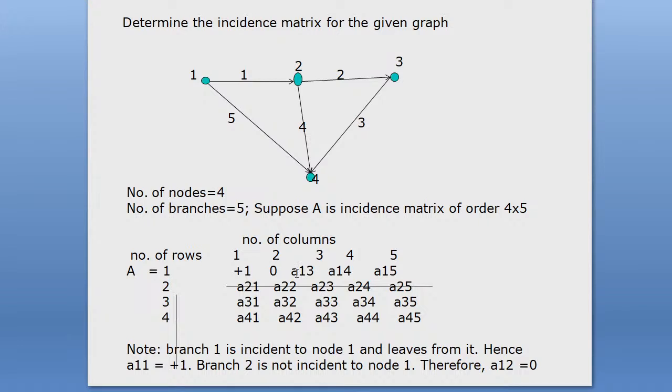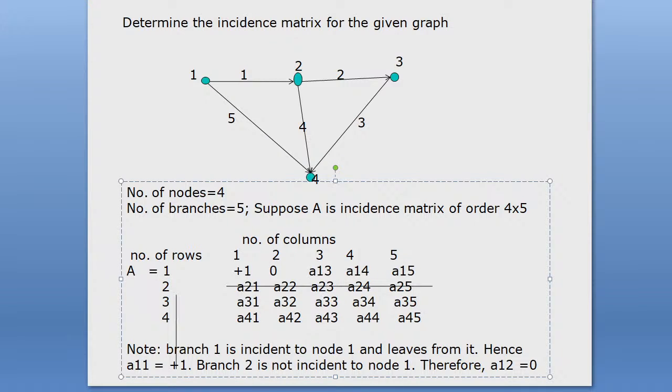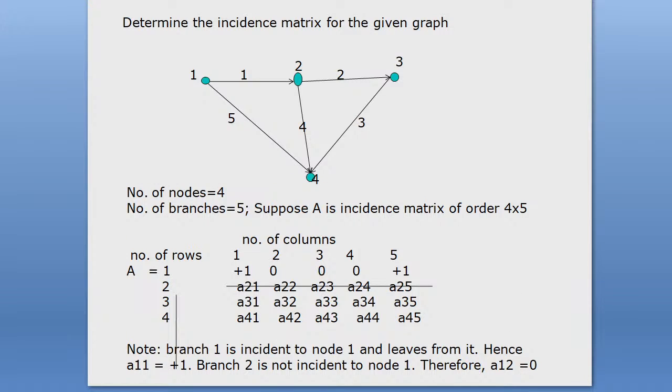So you just write yourself, this will be 0, A14 also 0 and A15 is plus 1, because this branch 5 is connected to node 1 and the arrow indicates towards the bottom, that means it leaves from node 1, that's why plus 1.